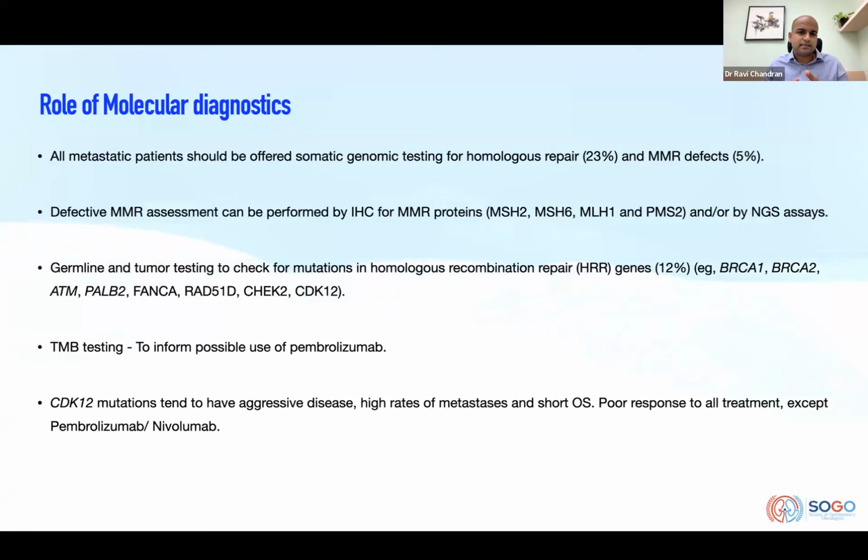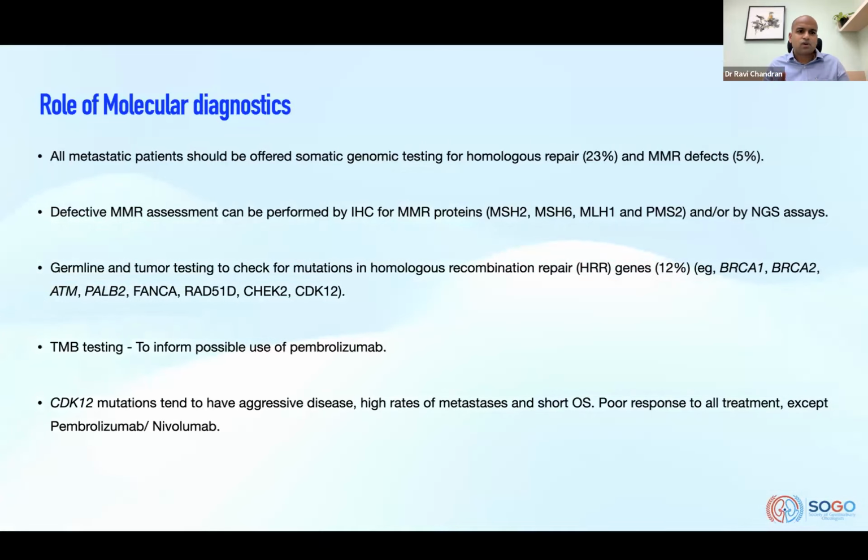Though in NCCN guidelines and EAU, we read about genetic testing and molecular diagnosis starting from very high risk and high risk populations, I think a bare minimum in our setting, all metastatic patients, especially in the CRPC setting, should be offered somatic genomic testing. And then we can look for defective MMR by doing IHC for MMR proteins like MSH2, MSH6, MLH1, and PMS2, or we can get next generation sequencing assays.